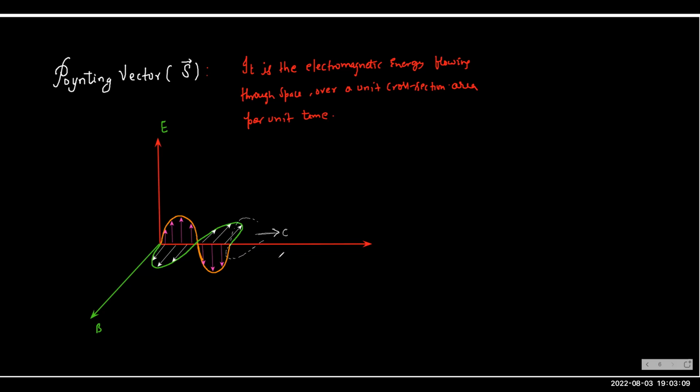And you can see something interesting, that E vector and B vector together creating the energy propagation in a direction which is perpendicular to E as well as B. So can we say the propagation is determined by the cross product of E and B? Can we say yes or no? Yes, sir.